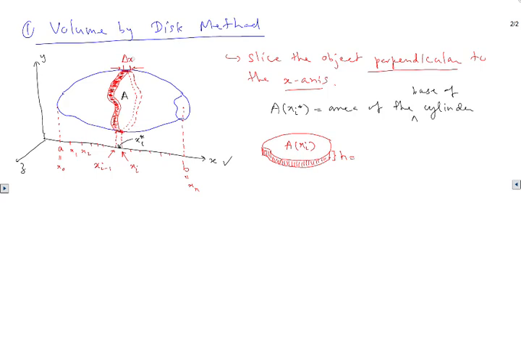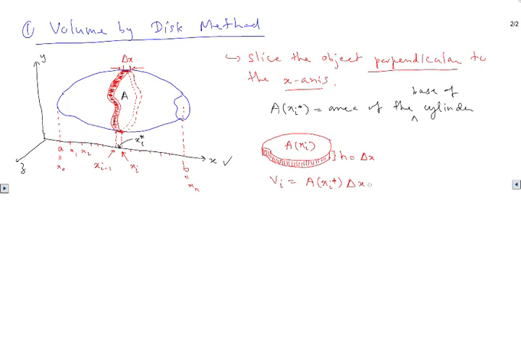So that's the height, delta x. That means you can find the volume of this small piece, the ith piece. It is simply A(xi star), that's the area, times the height, delta x. So that is the volume of one such piece.